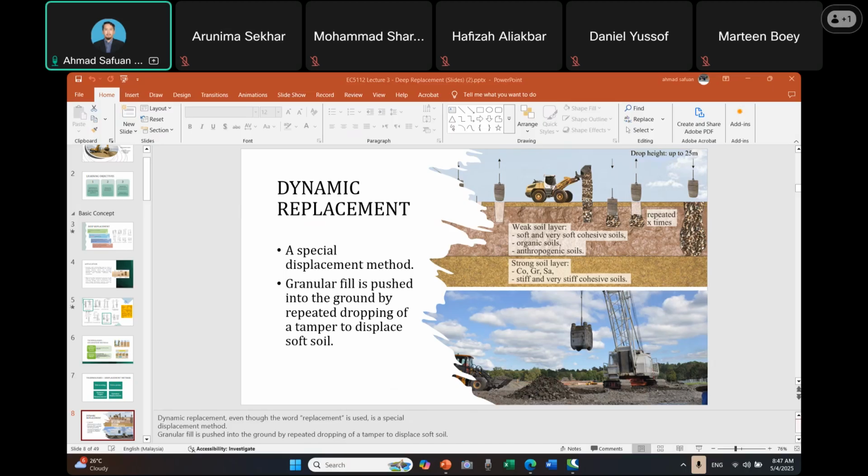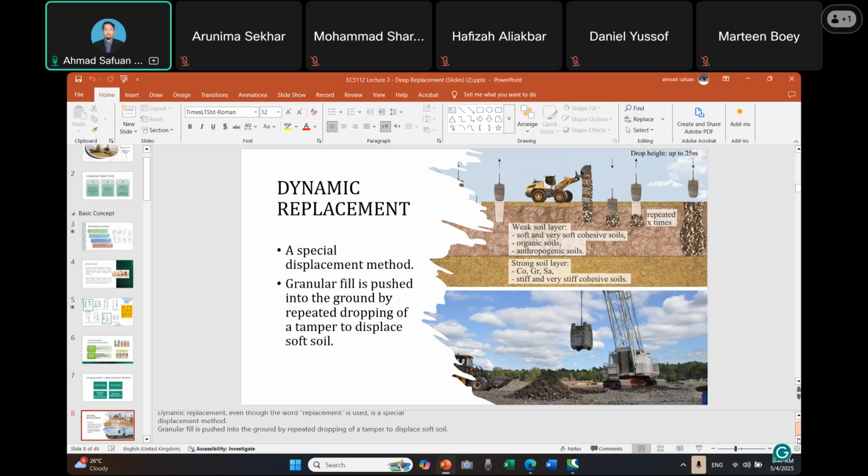So this is the method using dynamic replacement.